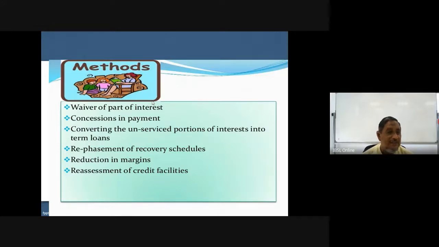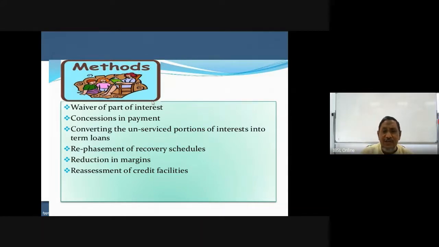Second is concession on payment, that is rescheduling. We already discussed that. Payment installments can be reduced by extending the period. Then comes replacement of recovery schedule. One of the options available here is to plan your recovery according to the cash flow of the customer.